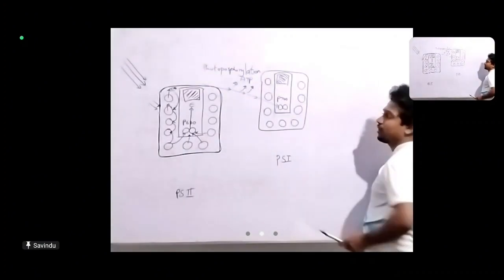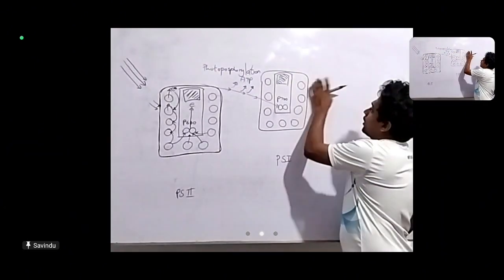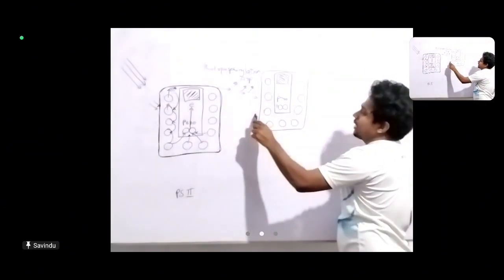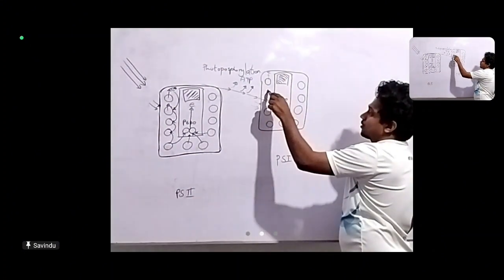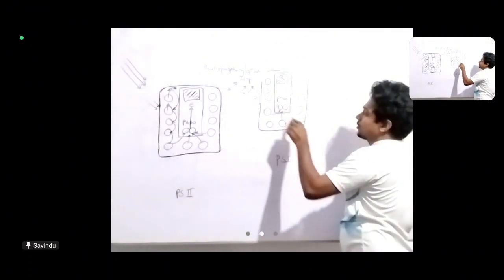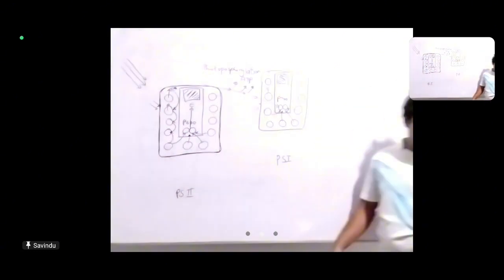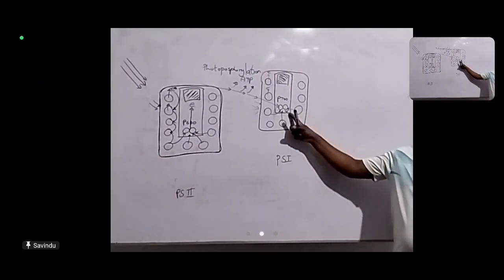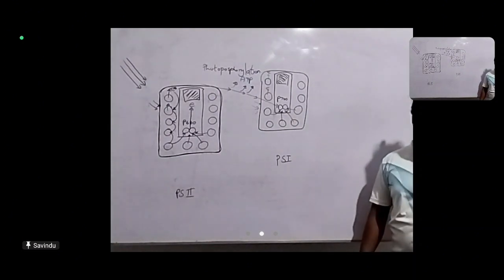And what happens? In here also the solar energy causes excitation of electrons, and all of them are collected to this special P700 chlorophyll molecule. What does it do?